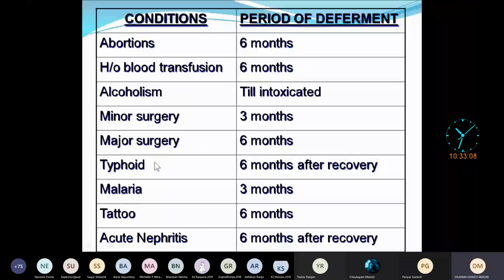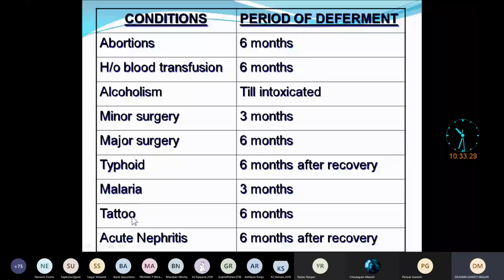Now, in case of typhoid, anybody can have this typhoid, isn't it? So in case of typhoid, 6 months after recovery, means after recovery also 6 months it will take to take the blood. Malaria, if a person is suffering from malaria, we will not take the blood for 3 months. If somebody is having a tattoo, nowadays tattoo has become a fashion, isn't it?